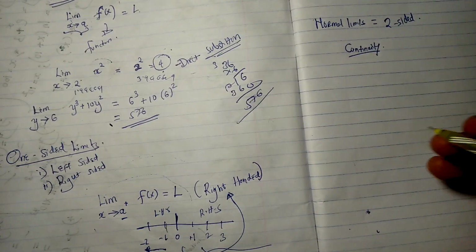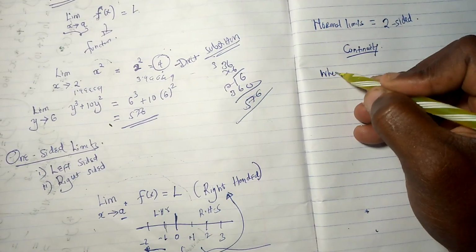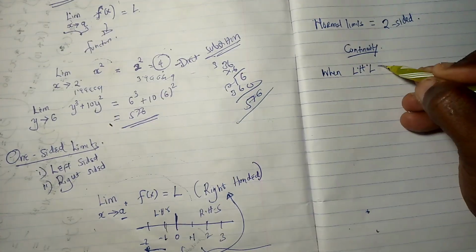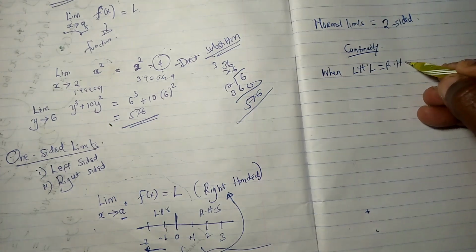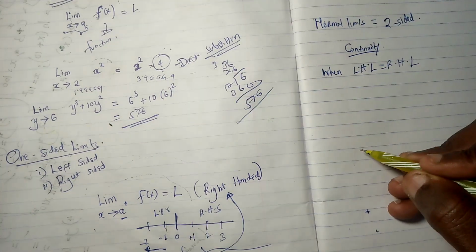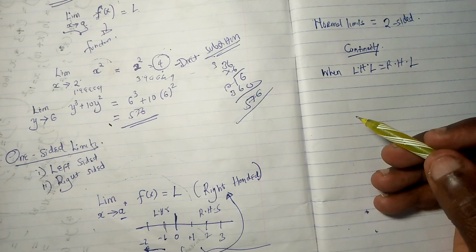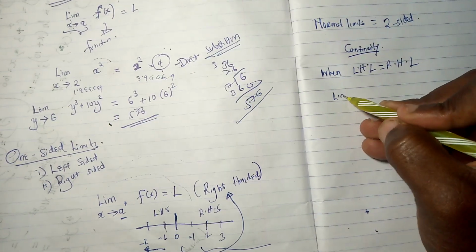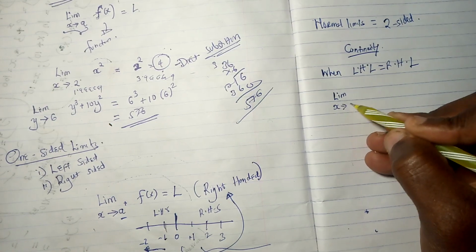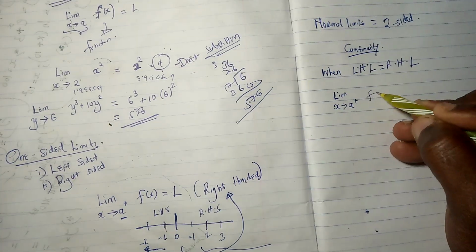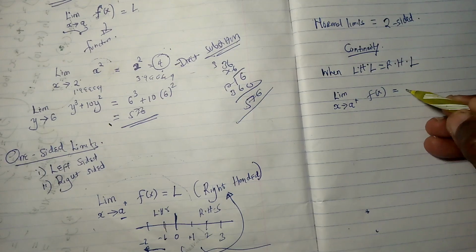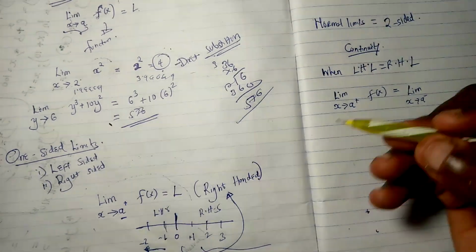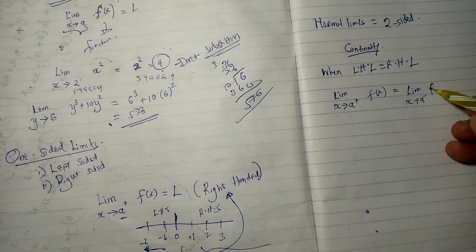Continuity happens when the left hand side limit is equal to the right hand side limit. In essence, I can write the condition for continuity: the limit as x approaches a in the positive direction of f of x is equal to the limit as x approaches a in the negative direction of f of x.